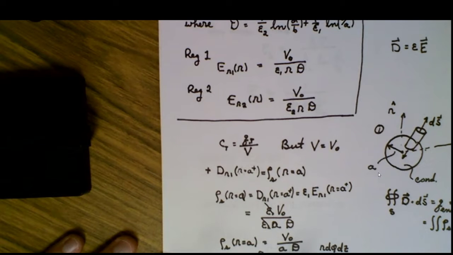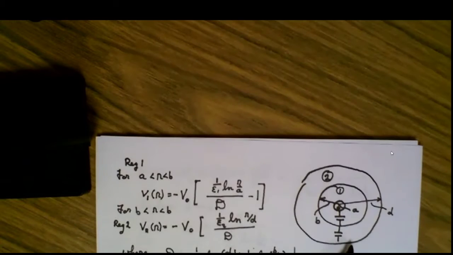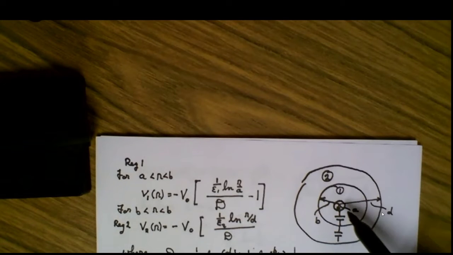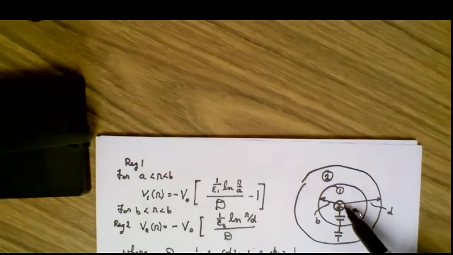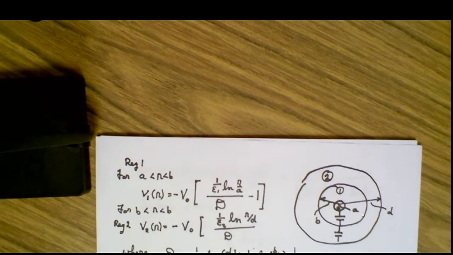We should expect that the surface charge at the outer conductor is going to be equal, in number, to the surface charge on the inner conductor, if I count up the number of charges placed over that surface.